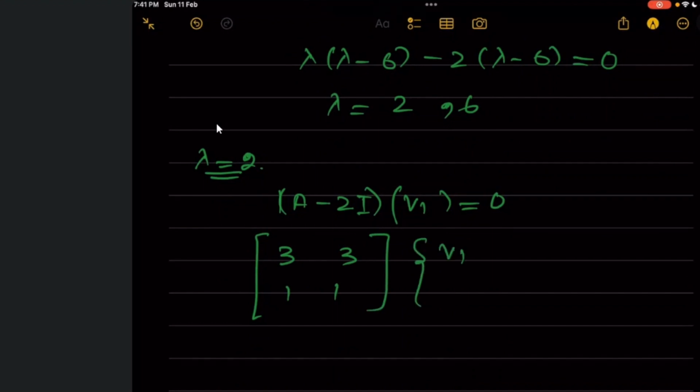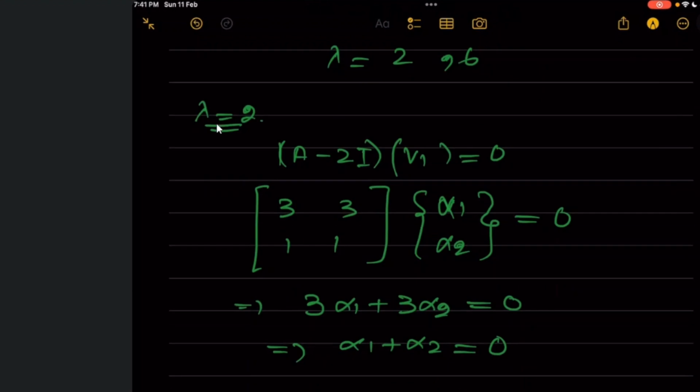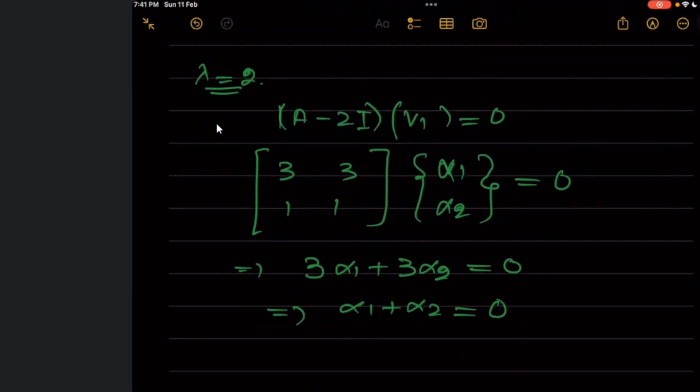Into v1, say the components are alpha 1, alpha 2, equal to 0. It is going to be 3 alpha 1 plus 3 alpha 2 equal to 0. From here alpha 1 plus alpha 2 is equal to 0. The second equation will also give you the same, which gives alpha 1 is equal to minus alpha 2.